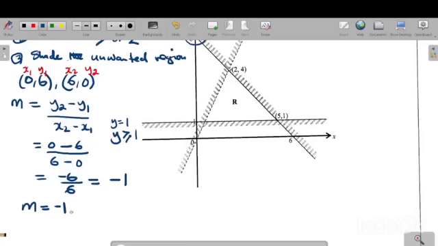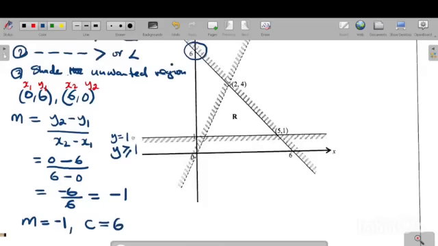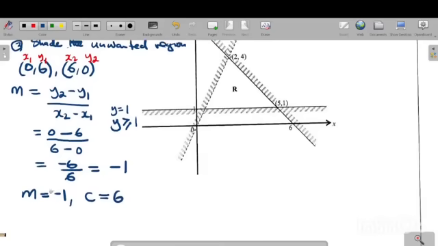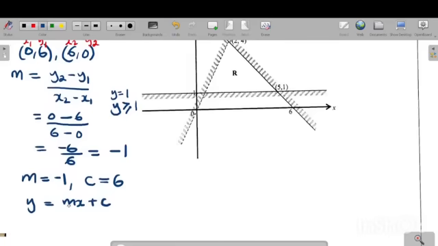So c, which is the y-intercept, the point at which the line is crossing the y-axis, is 6 here. Now that we know this, we are going to use the formula y is equal to mx plus c. The m here is the gradient, and we found that the gradient is negative 1. So you are going to have negative 1.